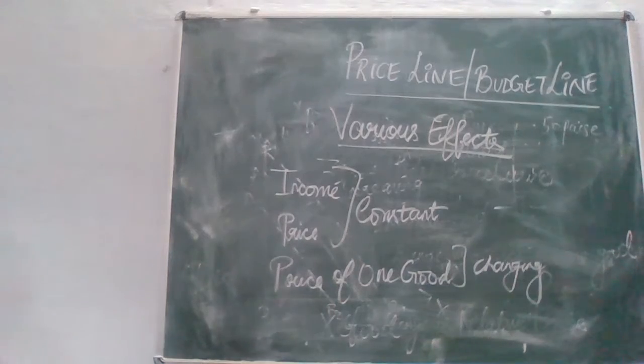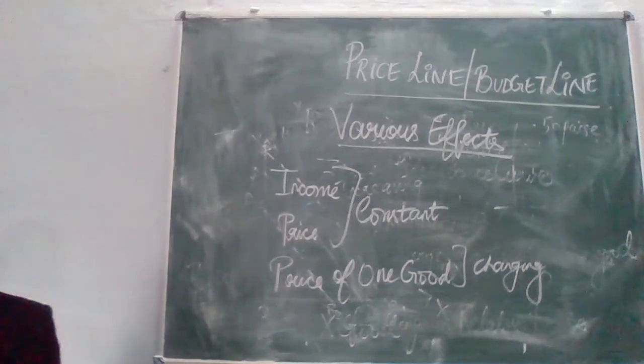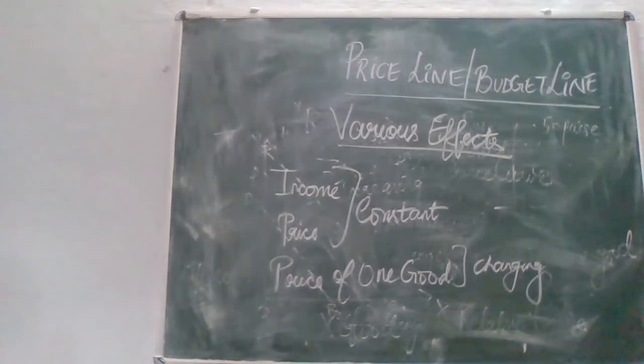Income and price are constant and price of your one good is changing. So the effect on the price line can be shown in the diagram.